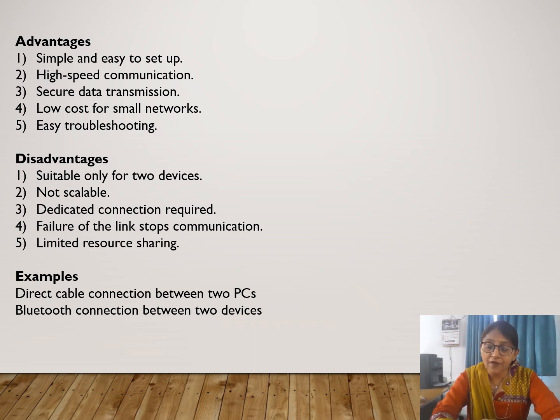Failure of the link stops communication. If there is a problem in the link, we cannot communicate with each other. Also there is limited resource sharing: only both the systems can use the resources, other systems cannot. For example, with our Bluetooth, if we turn on our Bluetooth, other systems can be connected.